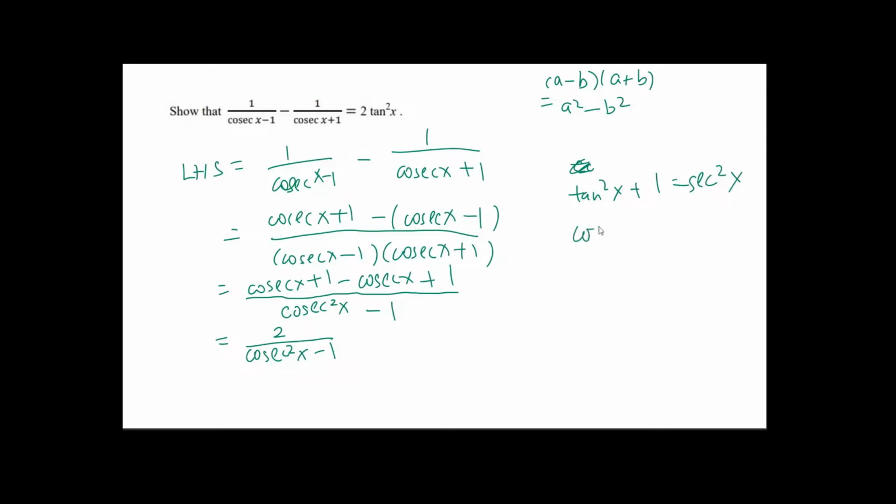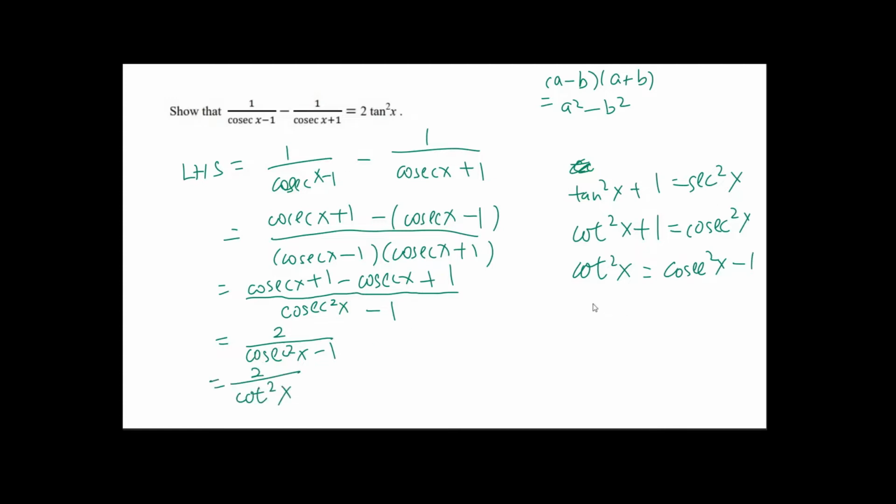You also know that cotangent squared x plus 1 equals cosecant squared x. So now we have cosecant squared x minus 1, which equals cotangent squared x. So we will change this portion, cosecant squared x minus 1, into cotangent squared x.